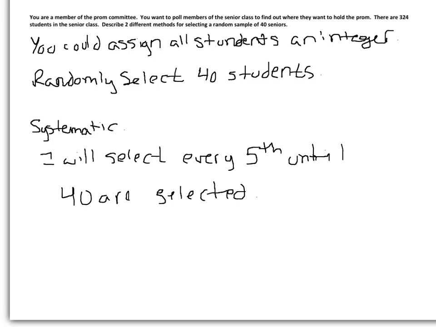So there's the systematic sample. Or you could do a convenience sample and set up a table and the first 40 seniors that go there fill it out. Alright, so okay, so there's different methods.